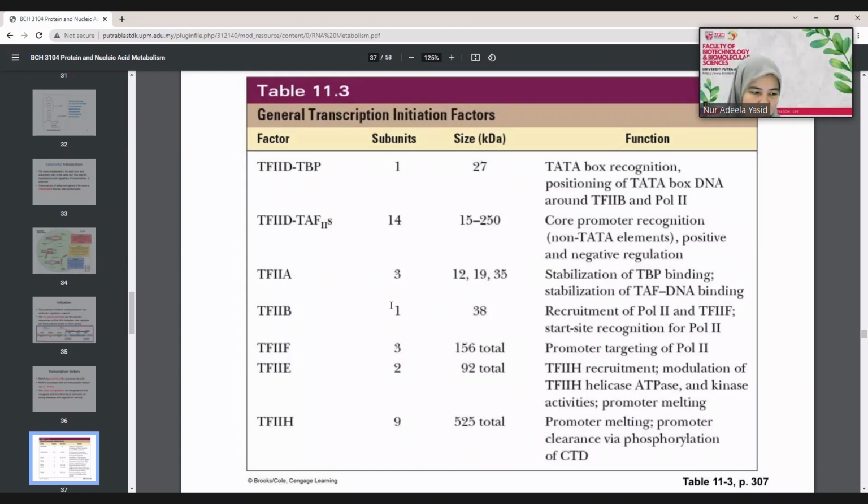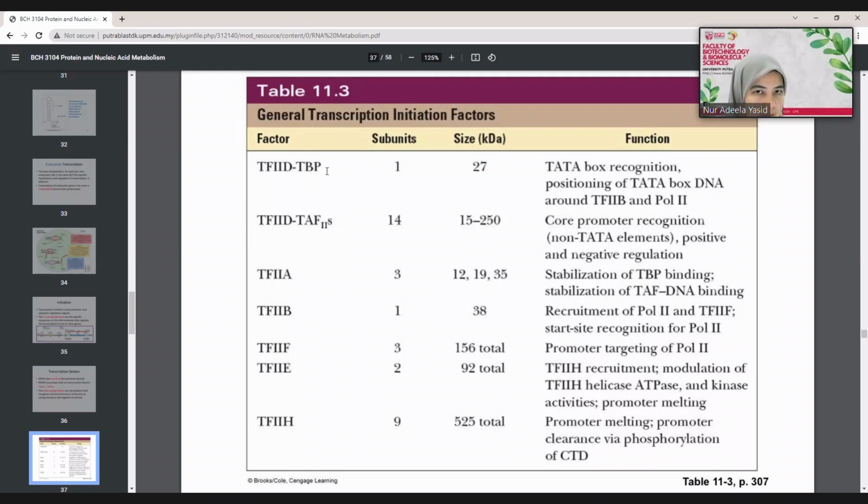So all these 6 initiation factors, we have A, B, F, E, H, and also D. TFIID and TBP is a TATA box recognition, the positioning of the TATA box around TFIIB and polymerase 2. So TBP is a TATA box binding protein.